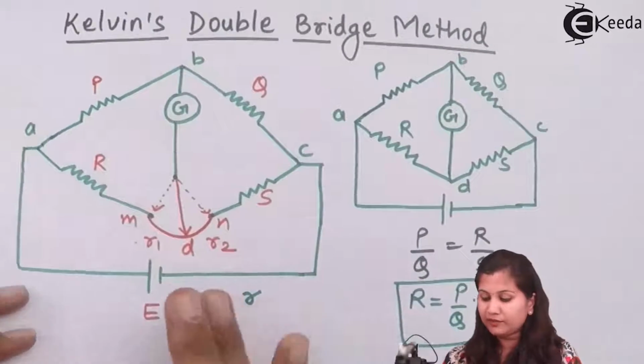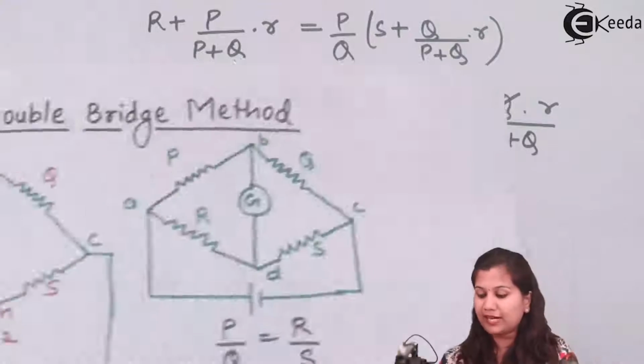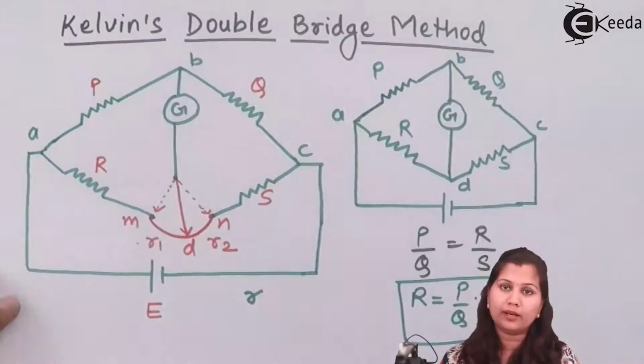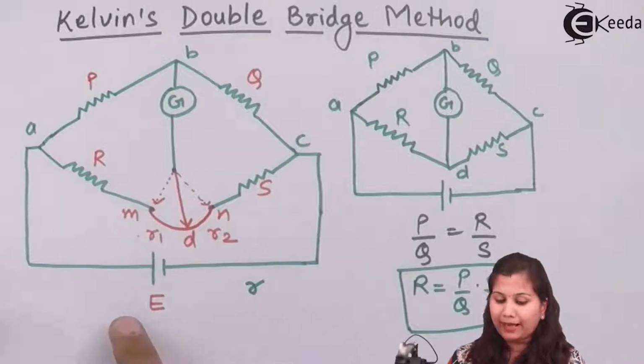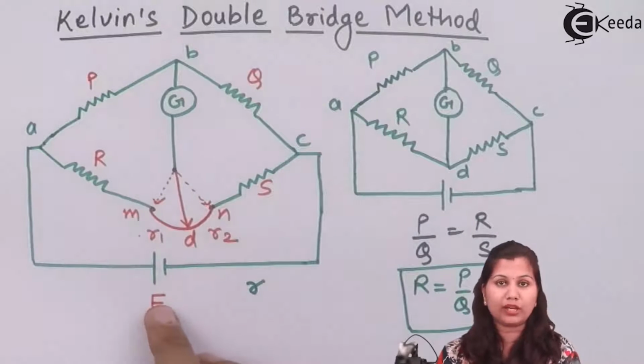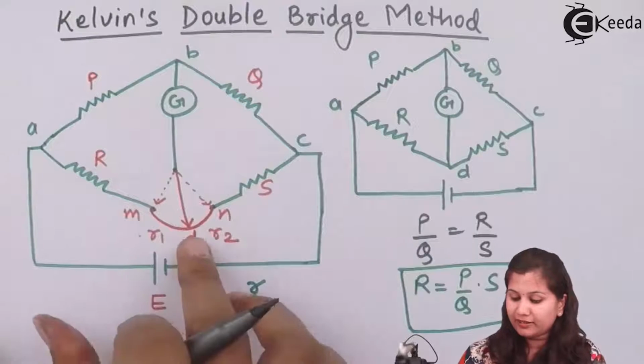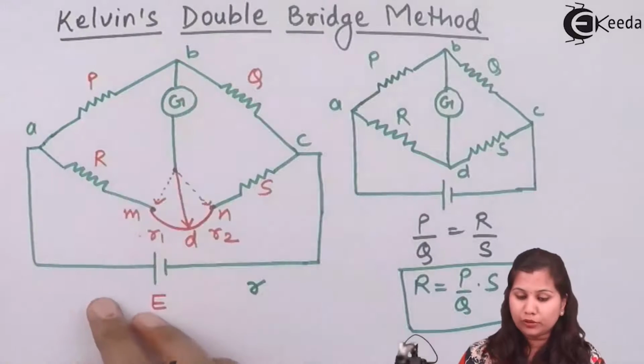Because in the last we are getting the same expression as in the Wheatstone bridge. But practically this type of connection is impossible because we are not able to get this point D correctly such that the ratio is equal.